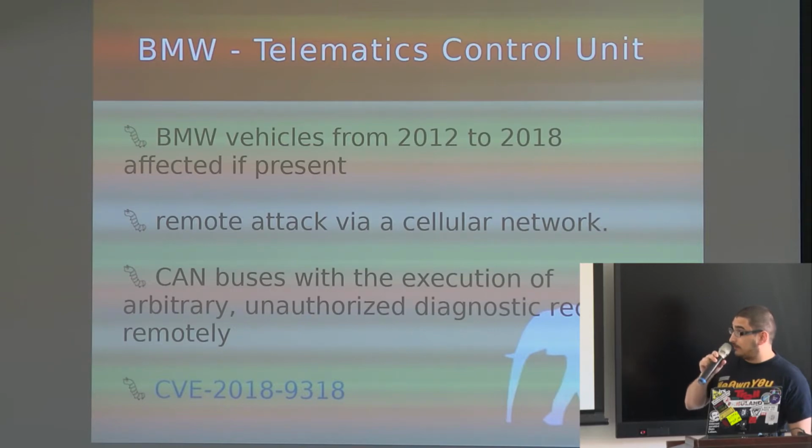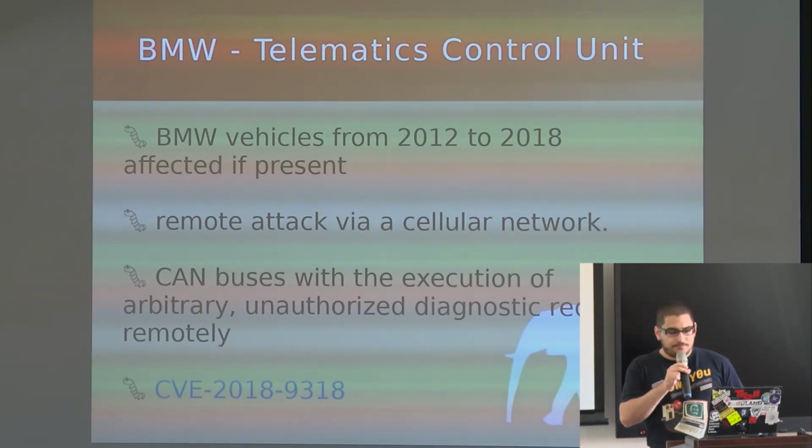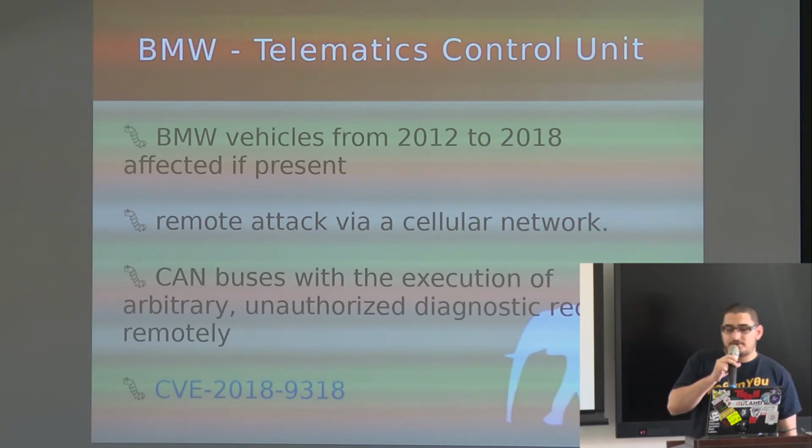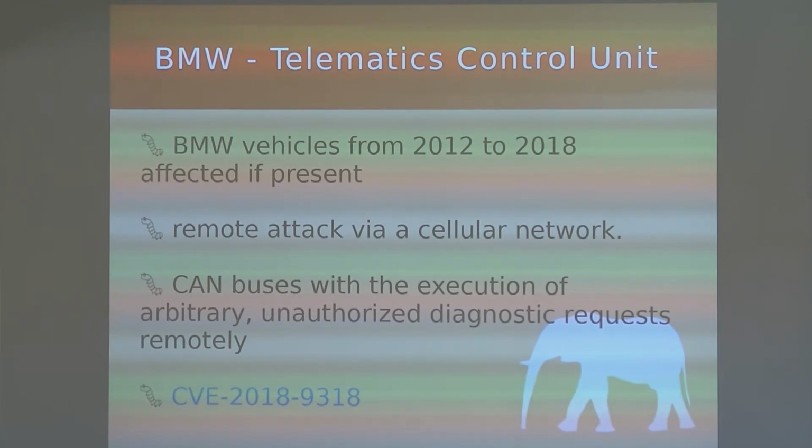They managed to gain control over the CAN bus with execution of arbitrary unauthorized diagnostic requests remotely. So you could mess with the CAN bus interface of the car remotely over a cellular network. Normally you don't want that because it could cause some unwanted behavior while you're driving your car.